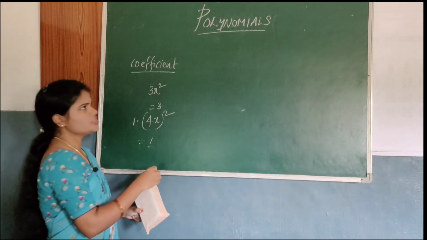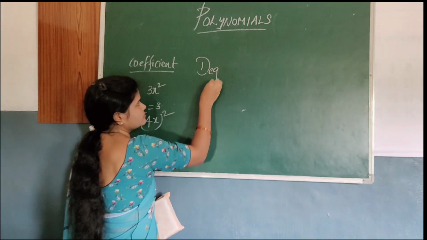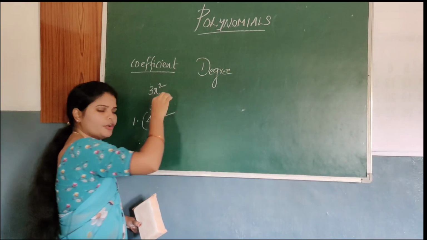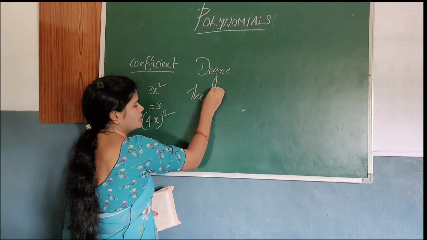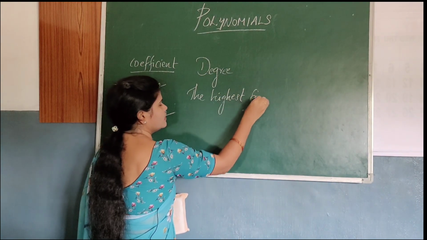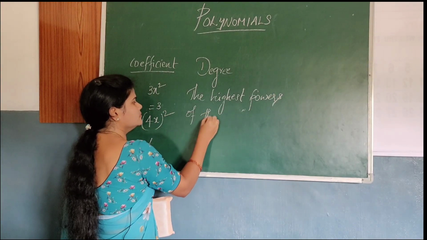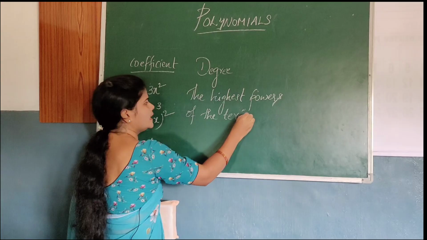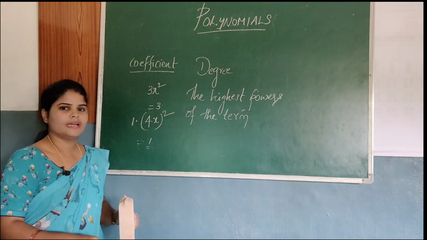The next definition in polynomials that you should know is degree. What is the degree of a polynomial? The highest power of the term in the given polynomial is called the degree.